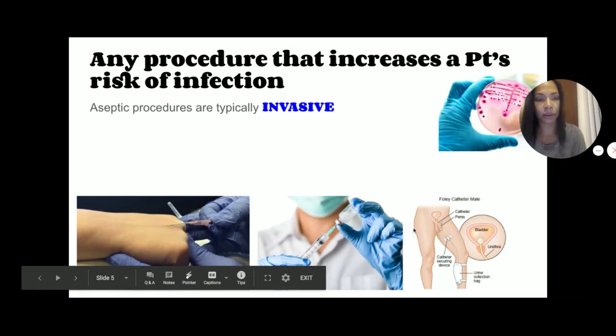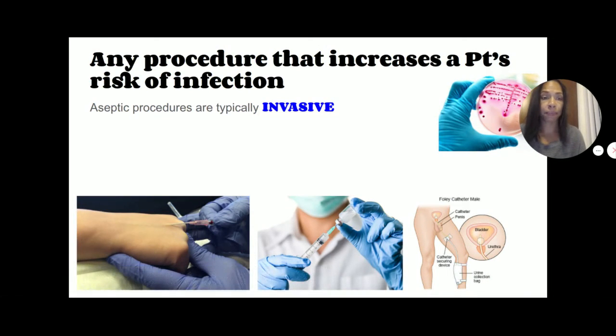They would include things like catheterization. So if I'm going to place a Foley, if I'm going to dress or drain a wound, and even if I'm going to do some sensitive lab work, like taking a culture or preparing a culture from a patient, I would be using aseptic technique.